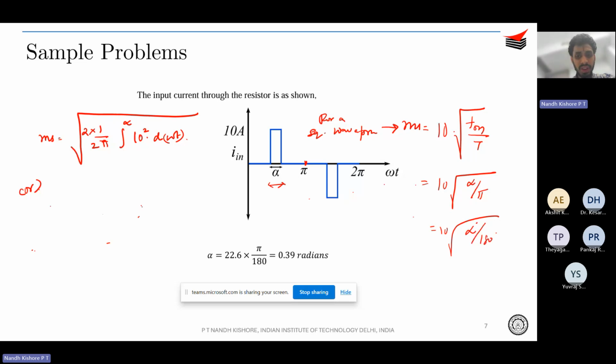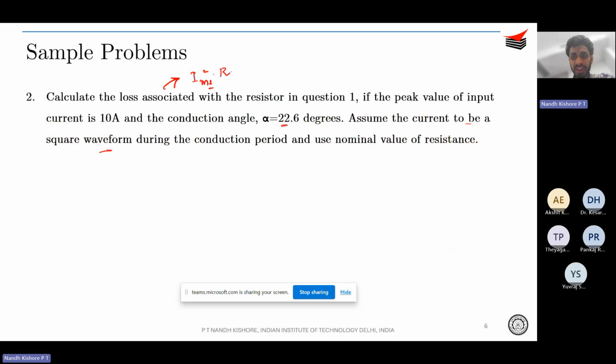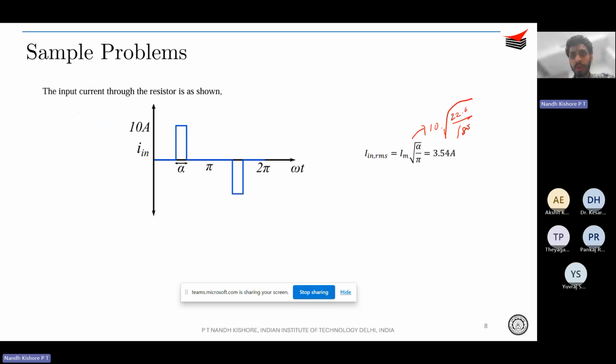So this is how they have written that the I in RMS is Im into root over alpha by pi. So this is basically 10 into root over 22.6 by 180. So this turns out to be 3.54 amperes. Alpha is 22.6. Okay, 3.54 amperes. This is your I in RMS.